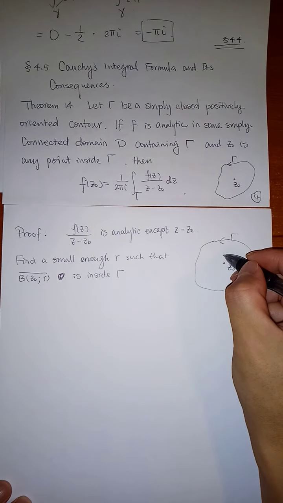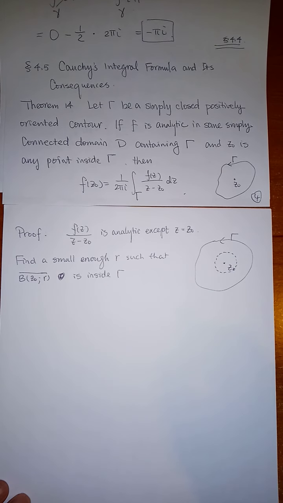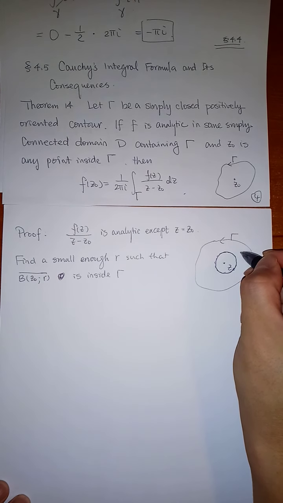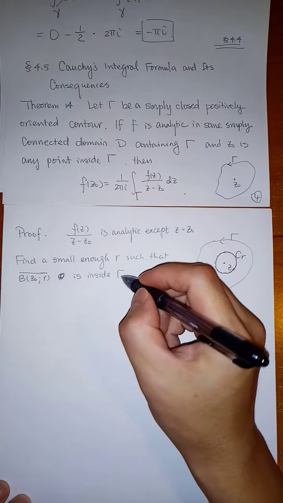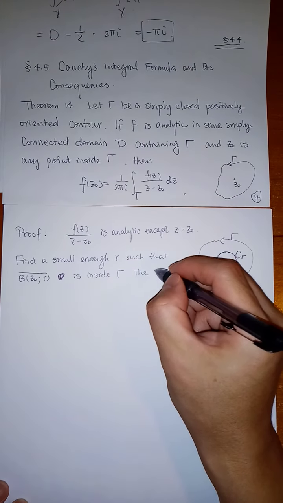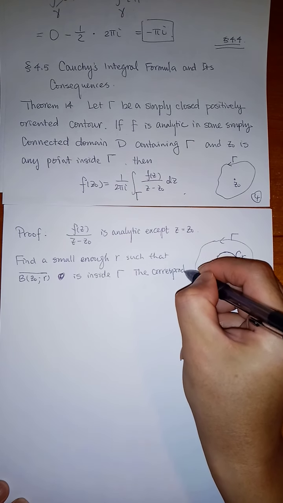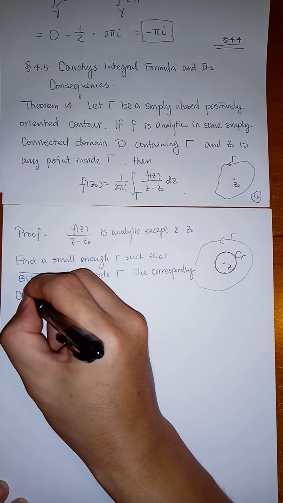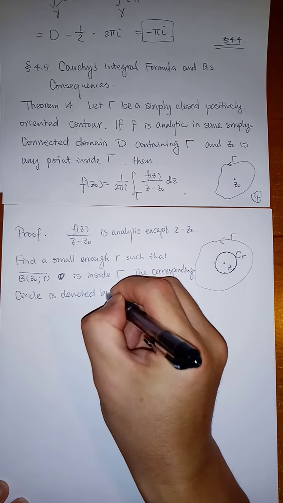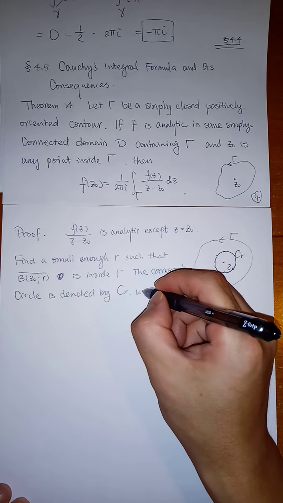We call this set CR. The corresponding circle is denoted by CR with a counterclockwise orientation.